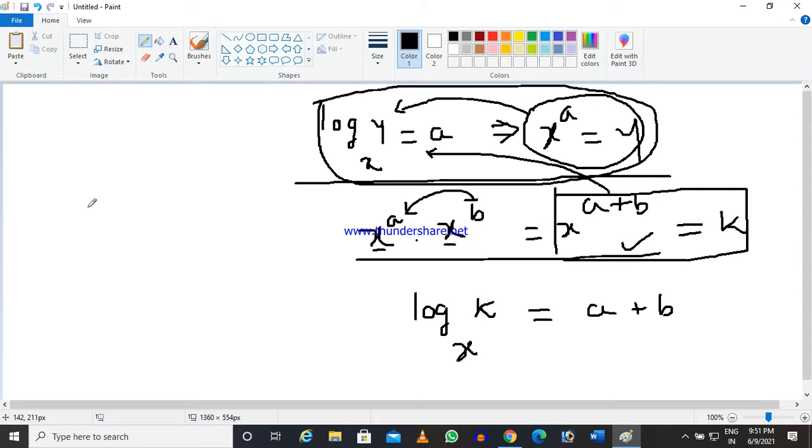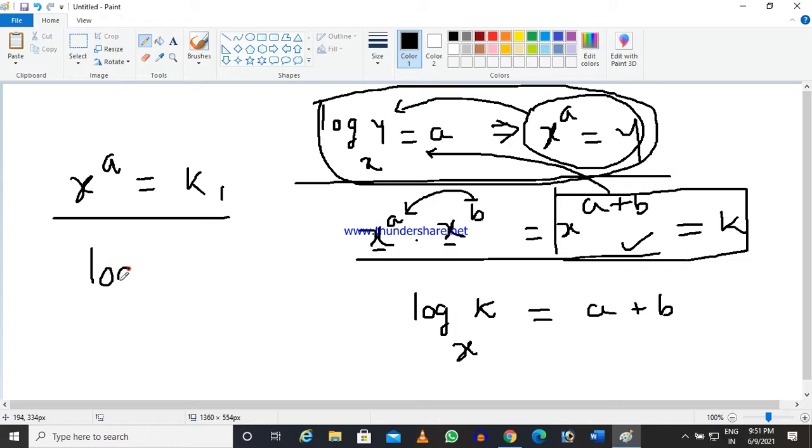So now let us assume x to the power a is equal to k1. So how is it to be written? This can be in log form.